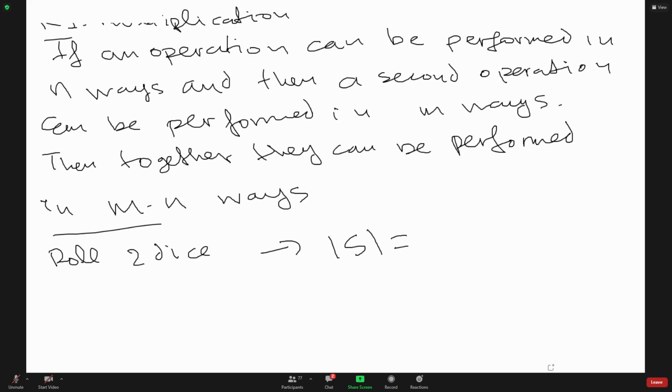So Ali Bahar. What is the size of the sample space if we roll 2 dice? Sorry? So 36. Why is it 36?